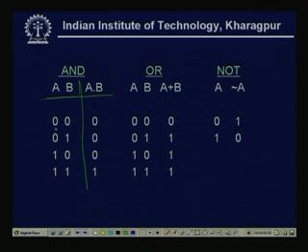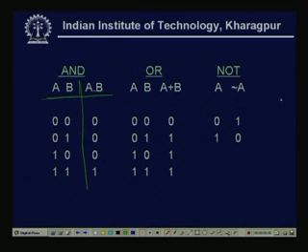That means this is the truth table of the AND gate. Now, if we take A plus B, where plus is the operator and again the two elements are A, B, then the input-output relationship is similar to that of the OR gate.